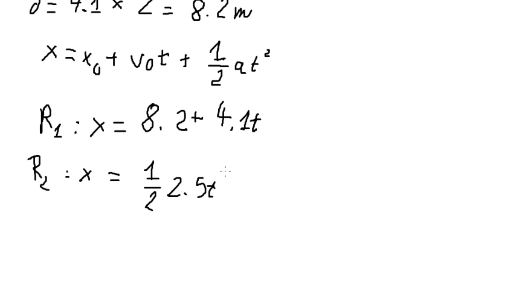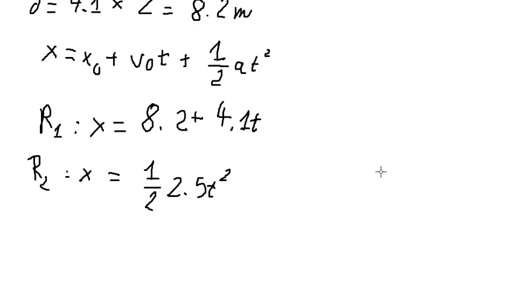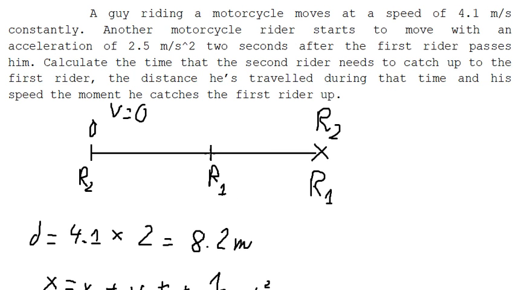Equal to t squared. And now we need to find the time to make sure that the locations of rider number 1 and rider number 2 meet somewhere in here. So to do this, the distance of R1 equals R2, because they should have the same location when they start at location number 0.